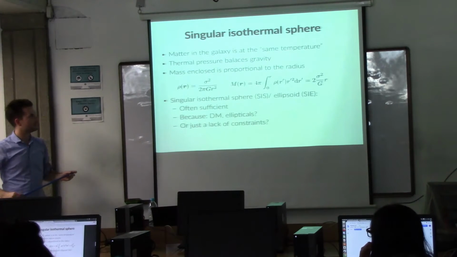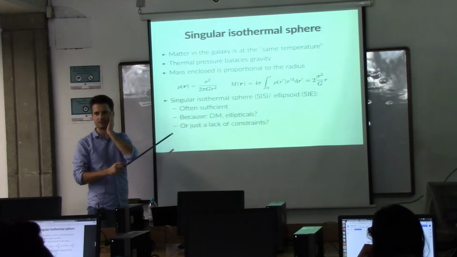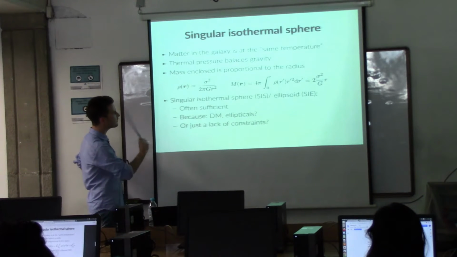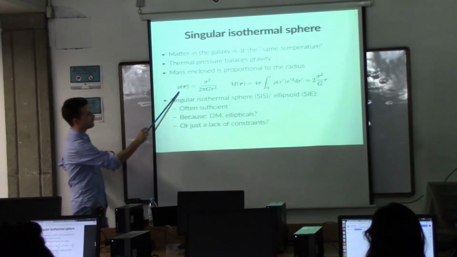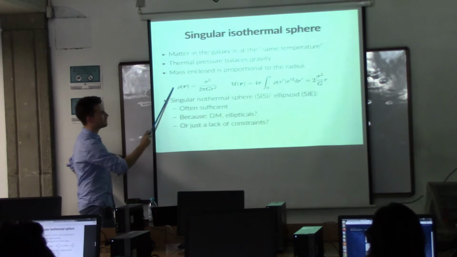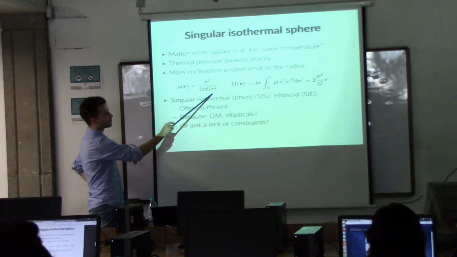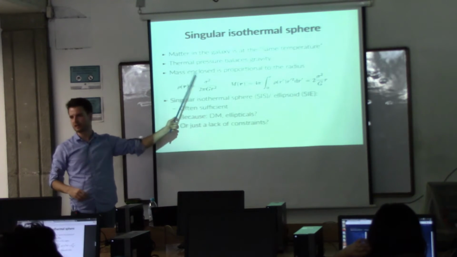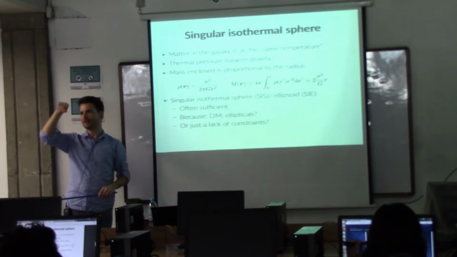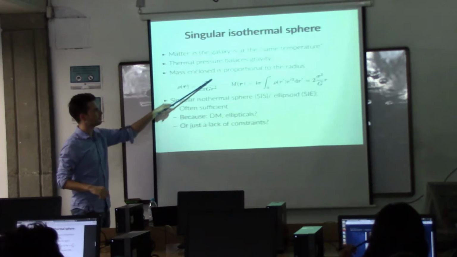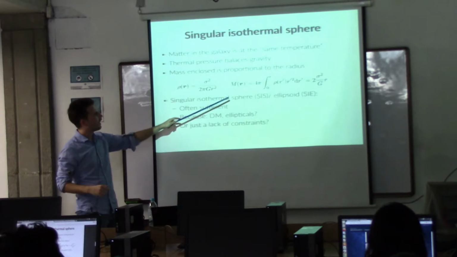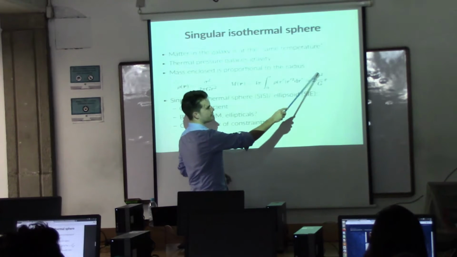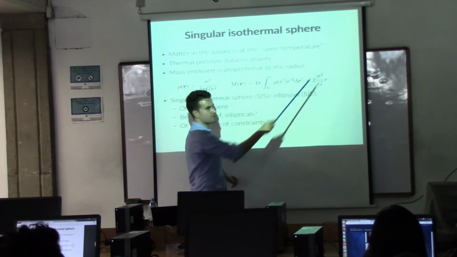If you do the equations, and there is a nice derivation in the Narayan and Bartelmann paper on the reading list, what you get from the thermal equilibrium is that your density goes as sigma squared over r squared, where sigma squared is the velocity dispersion in your galaxy, which is constant everywhere because your temperature, kT, is proportional to the velocity dispersion. And then when you integrate this, your enclosed mass just goes as sigma squared, which is constant for the galaxy, times radius.